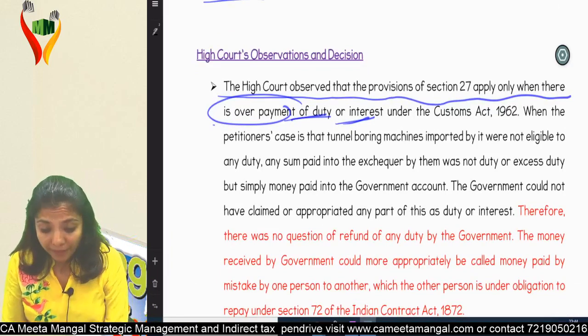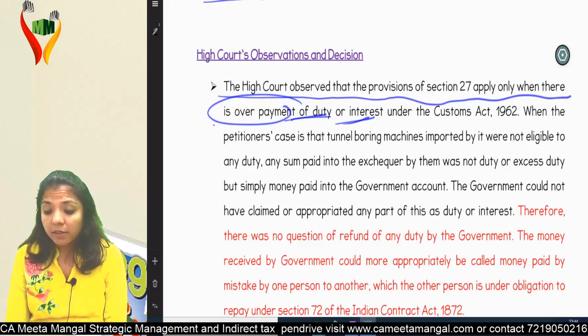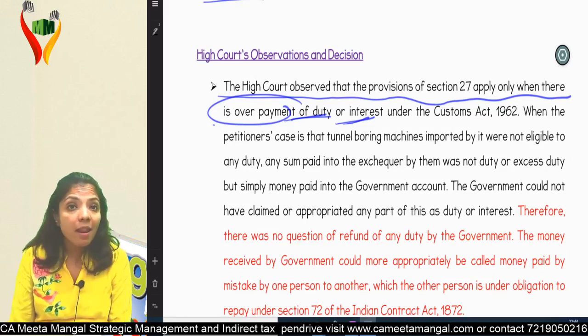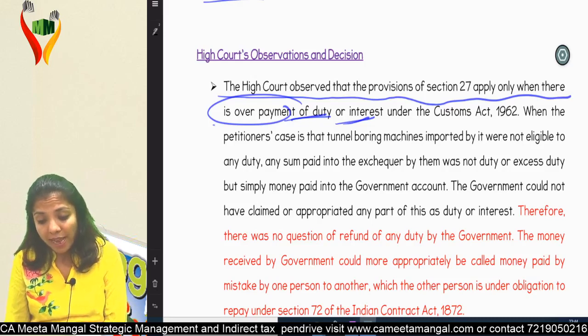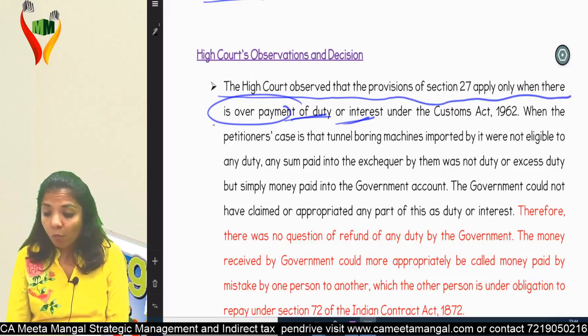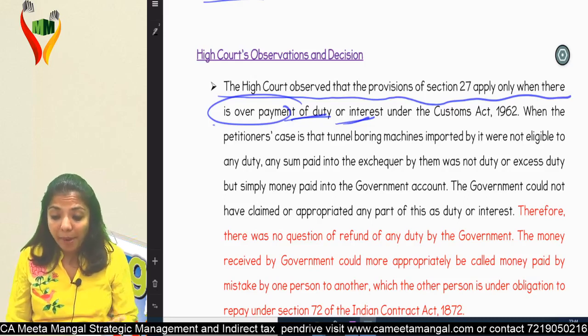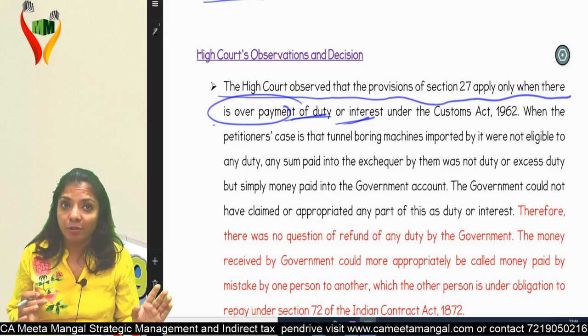When the petitioner's case is that the tunnel boring machine imported by it was not eligible to any duty, any sum paid into the exchequer by them was not duty or excess duty, but simply money paid to the government account. See, how you keep your case is very important.